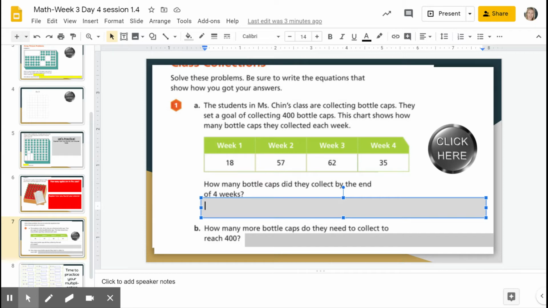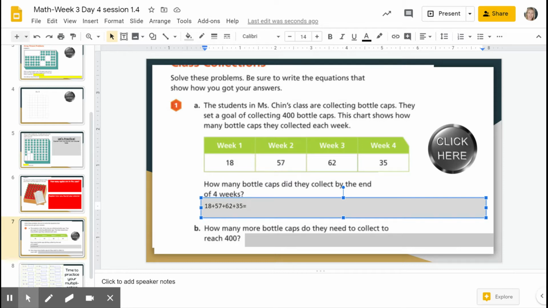So here is a basic equation. I know I'm going to need to add 18 plus 57 plus 62 plus 35, and whatever that equals, you'll put it there. If you choose to add maybe by the tens place first, you could take 30 plus 60 plus 50 plus 10 and add those.